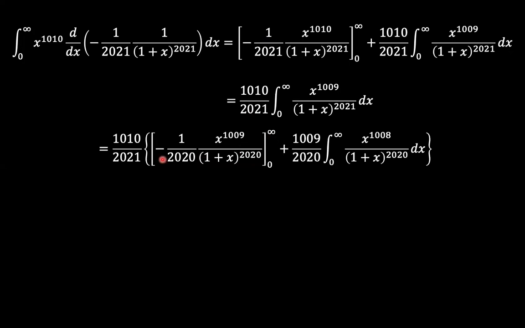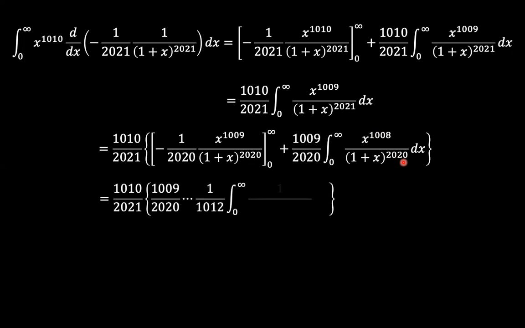So now we have a product of 1010 over 2021 times 1009 over 2020 times the integral very similar to this, but now with the powers of both the denominator and numerator reduced by 1. So that continues on and on until we reach a point where we have 1 here in the numerator.